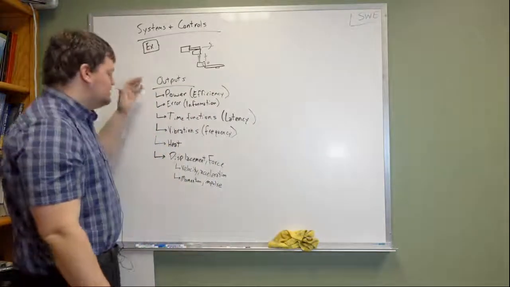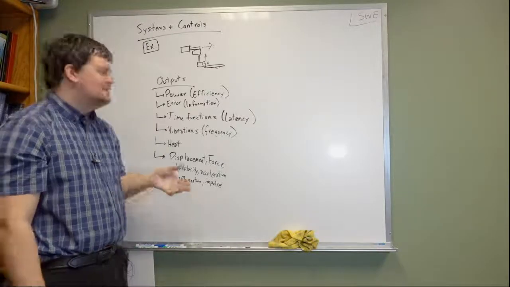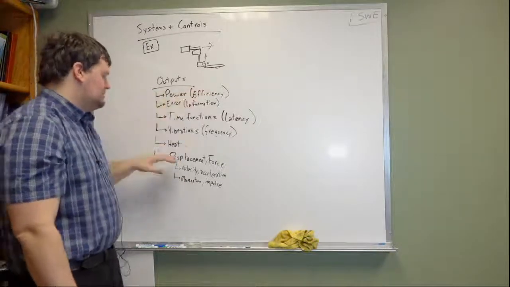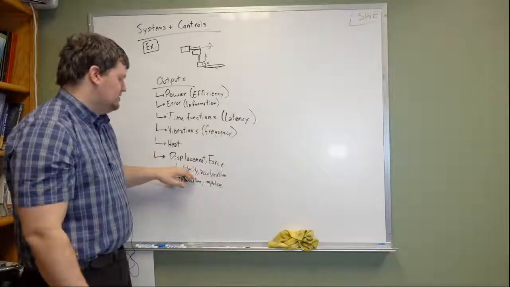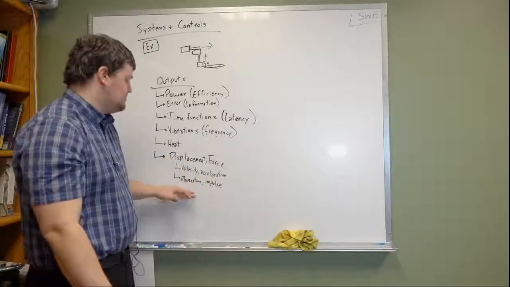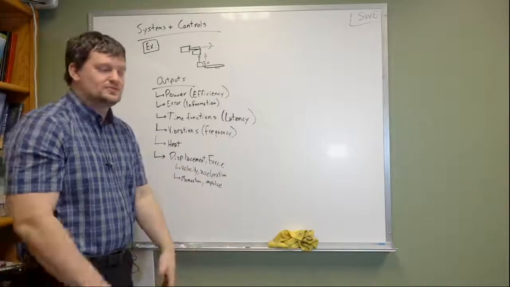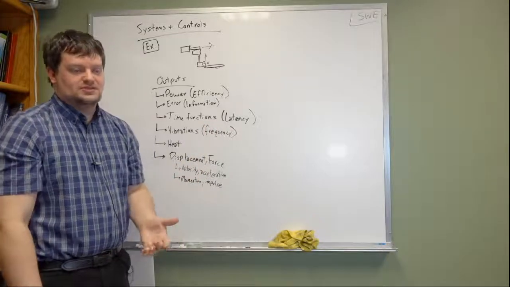So really, when it comes to the output of a system, we can get into the weeds on different types of power, the displacement elements, the force elements, the velocity elements, the acceleration components, the momentum components, the impulse components. There are just so many different outputs you can put into this.